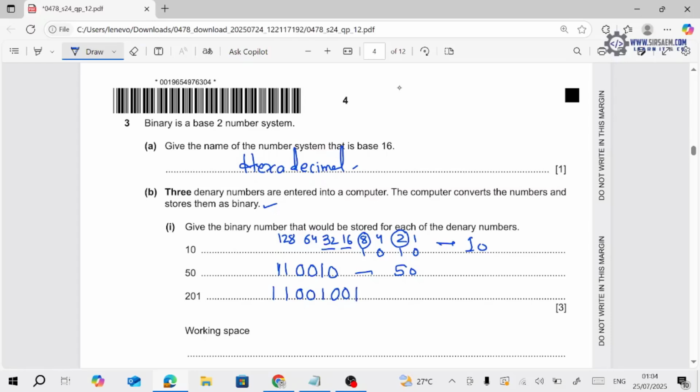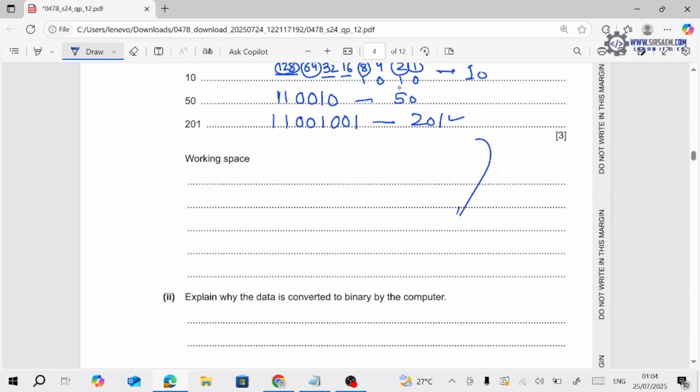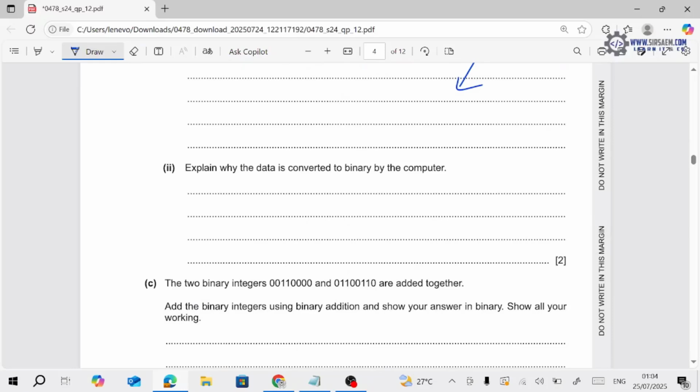So what I need to say is if we add 128, 64, 8 and 1, this will be equal to 201. I hope you got my point. You can do the working over here. Explain why data is converted to binary by a computer. Well, obviously, in order for a computer to understand, it has to understand in zeros and ones.